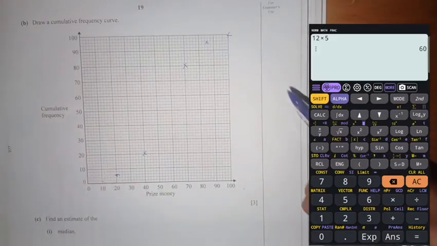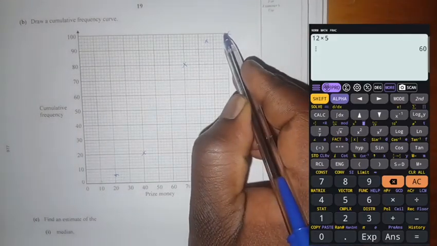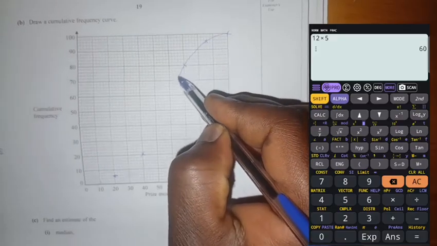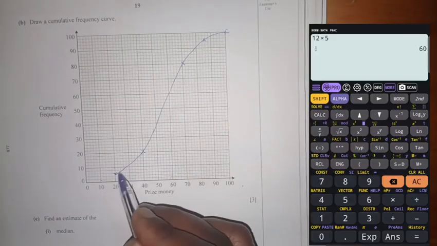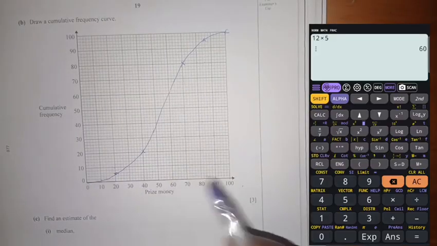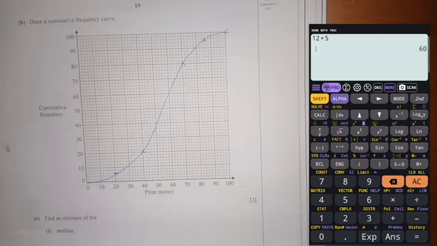So your cumulative frequency curve is a smooth curve passing through the points. Then we need to zero this one, like that, and we are done. Find an estimate of the median.